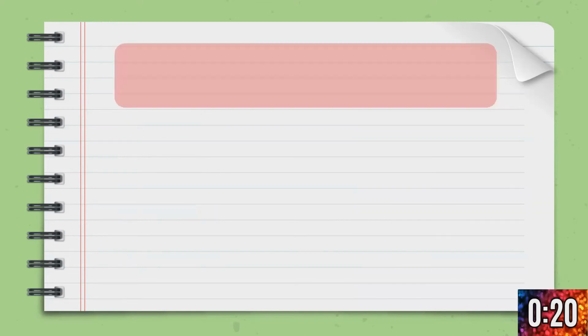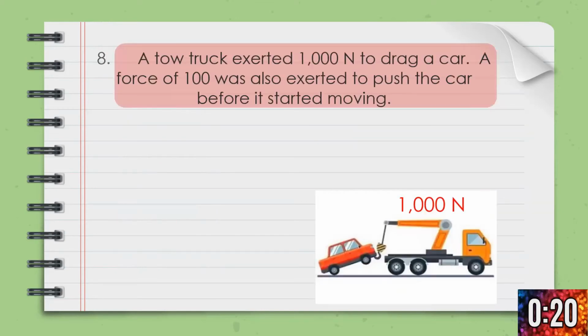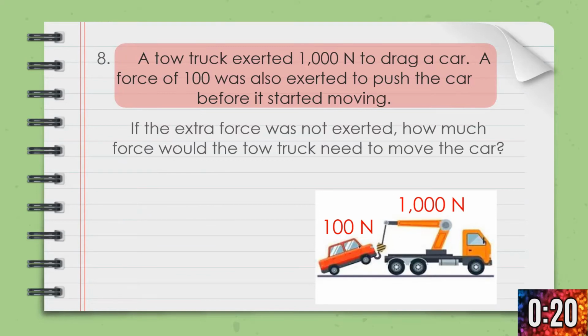Let's proceed to number 8. A tow truck exerted 1,000 Newton force to drag a car. A force of 100 was also exerted to push the car before it started moving. If the extra force was not exerted, how much force would the tow truck need to move the car?